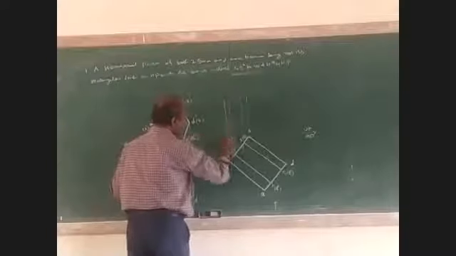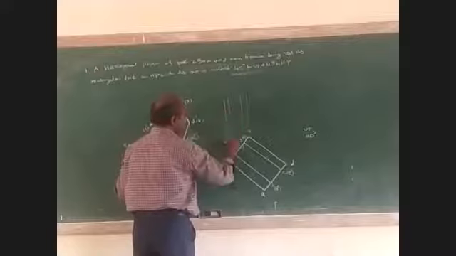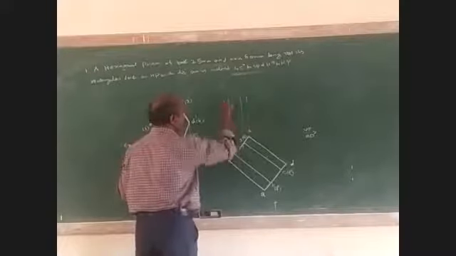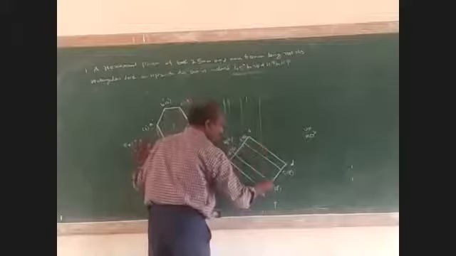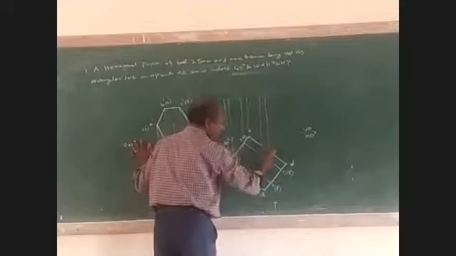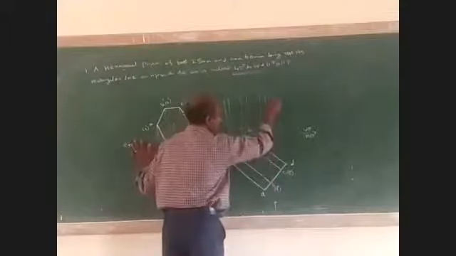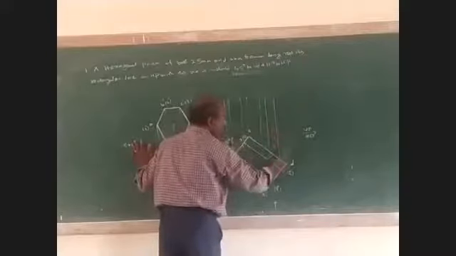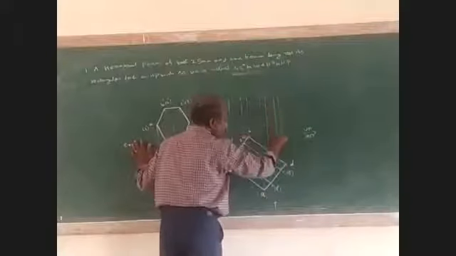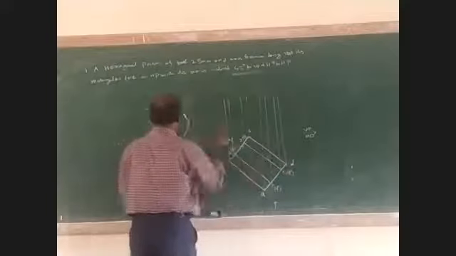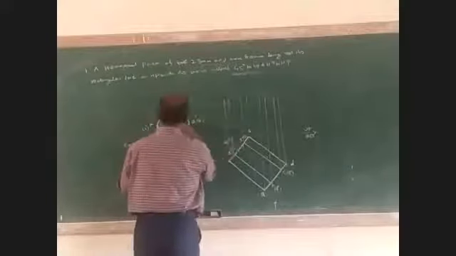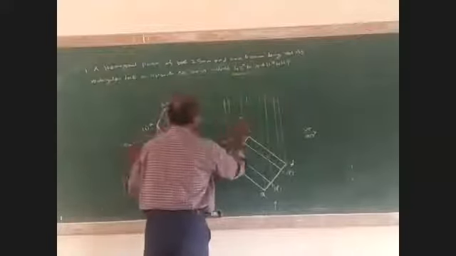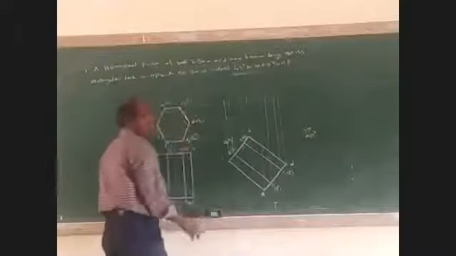Similarly here. There you have to join. Then you draw a line parallel to every point. Then you find the intersecting point.